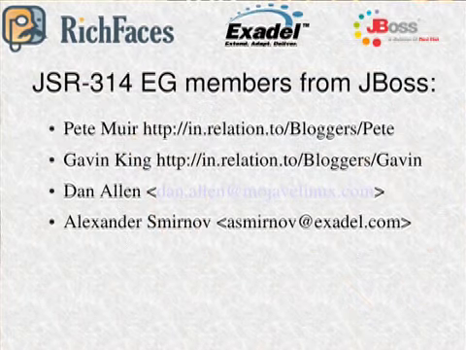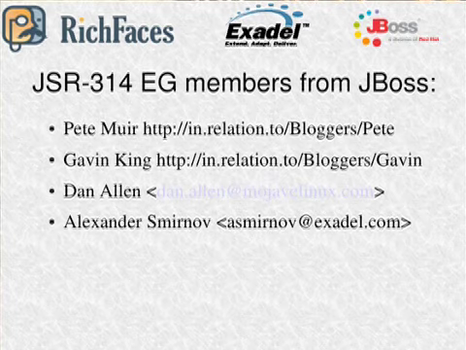So at least four developers from the JBoss team work in the JSR 314 expert group. It's Pete Muir, Gavin King, and Dan Allen from the JBoss Seam project, and I myself as RichFaces project lead.